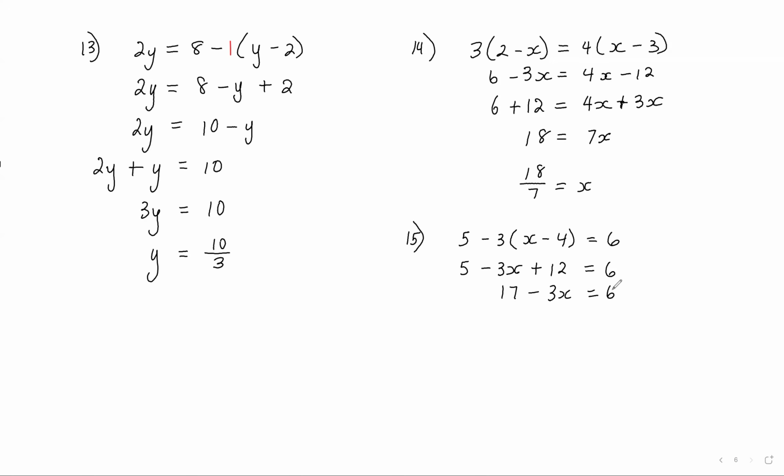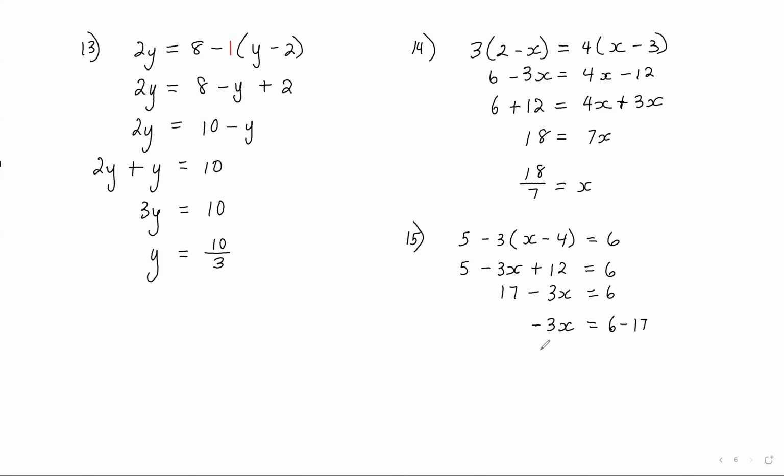And then what? You would bring down the minus 3x, you have to bring down the minus in front of it, the minus 3x with the 6. It will be minus 17, because that's a positive 17 on the left-hand side.